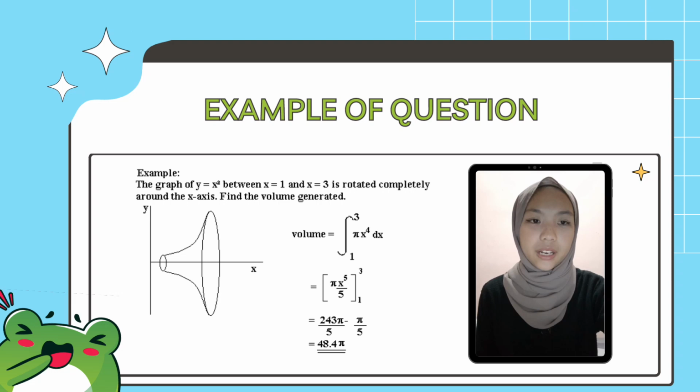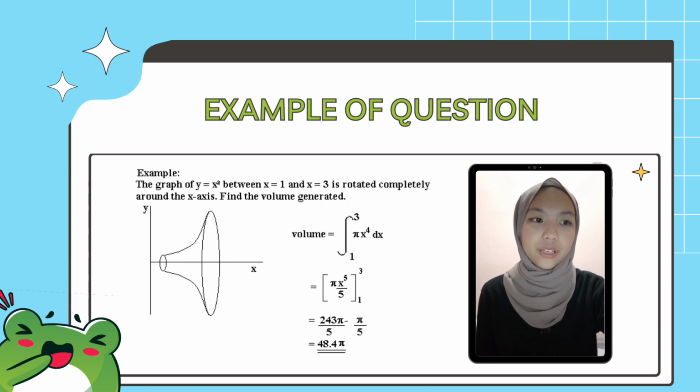After we integrate it, it will be x to the power 5 over 5 in brackets with the limits 3 and 1. To solve this question, the next step is to use a calculator: 3 to the power 5 pi over 5, minus 1 to the power 5 pi over 5, and we will get 48.4 pi.